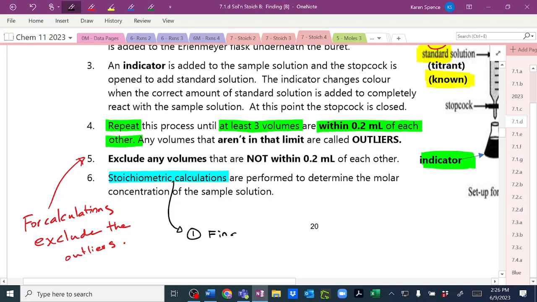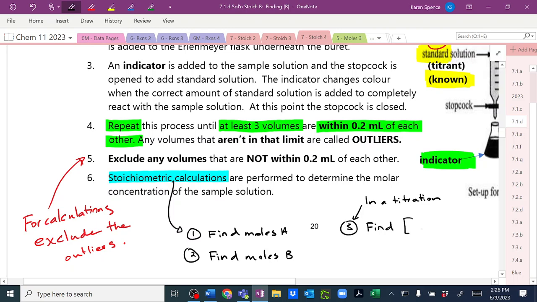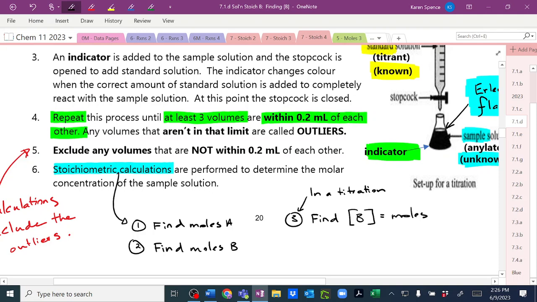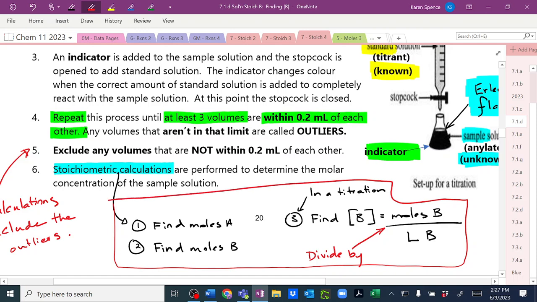Find moles of A. Second step is find moles of B. And then step three in a titration is going to be find the concentration of B by taking the moles of B and dividing by the liters of B. So all the questions in this worksheet are going to be using this strategy here, okay?